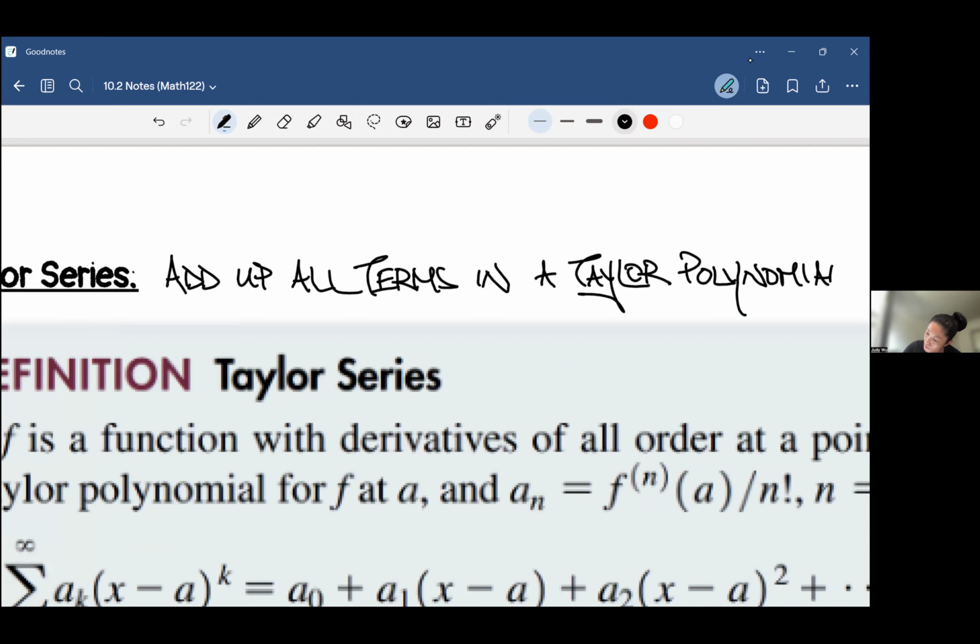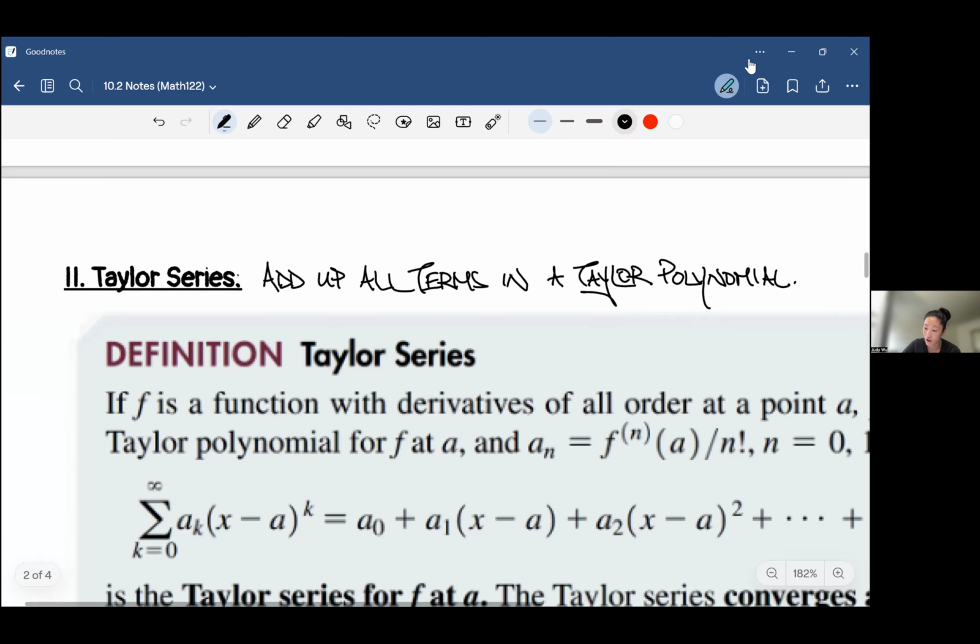So we talked about Taylor polynomials in 10.1. We spent a lot of time creating them, but it turns out that if you take all of these terms and then you add them all together, like literally all of them, what you get is what we call a Taylor series. Okay, so the thing that we use to approximate other functions, if we add up all those terms, it will give us a Taylor series.